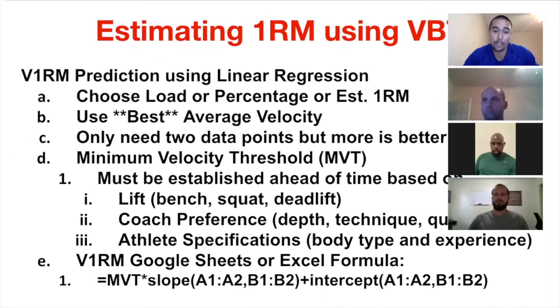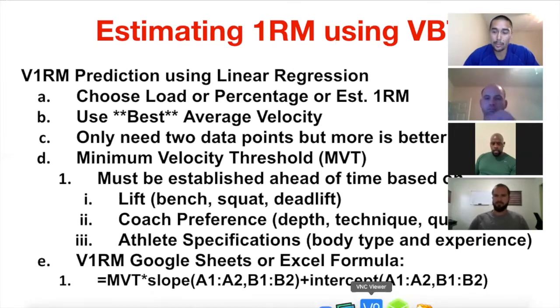The minimum velocity threshold is essentially the slowest you can move the heaviest weight. So if JT decided to max bench and Jeremy decided to max bench, whatever speed JT ended up finishing with on his last rep, whether it's a 3RM, 5RM, or 1RM, that's his MVT for that lift. And then Jeremy, same for you. Your slowest rep is yours.